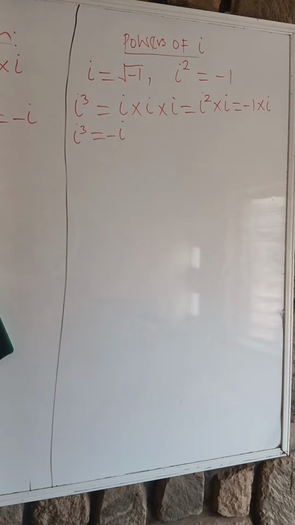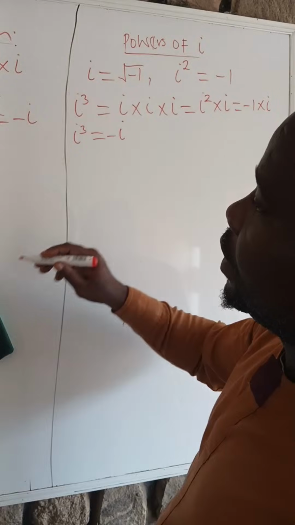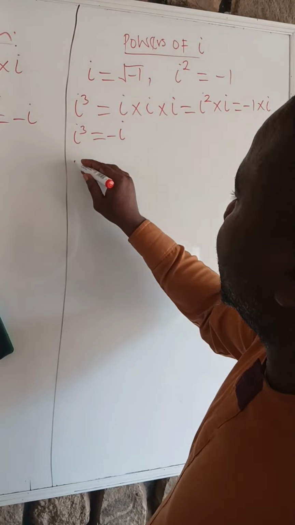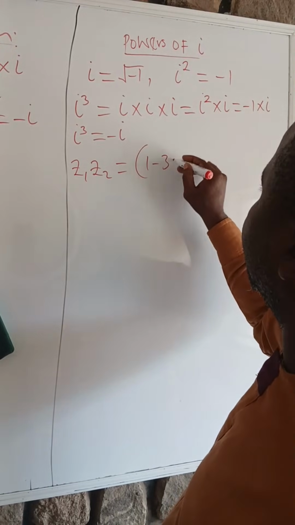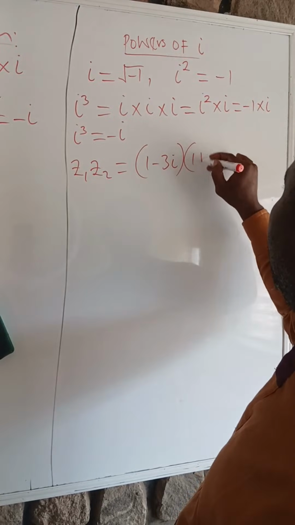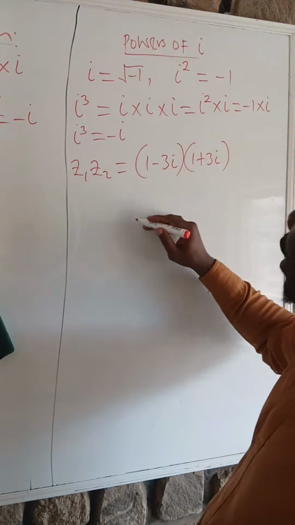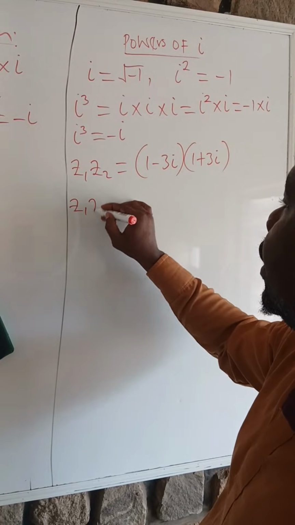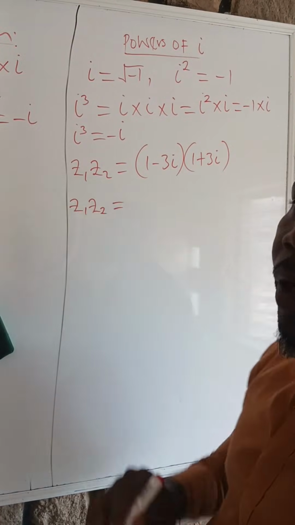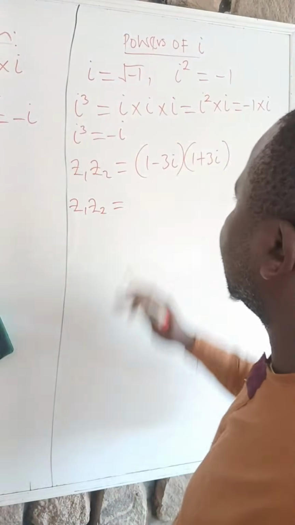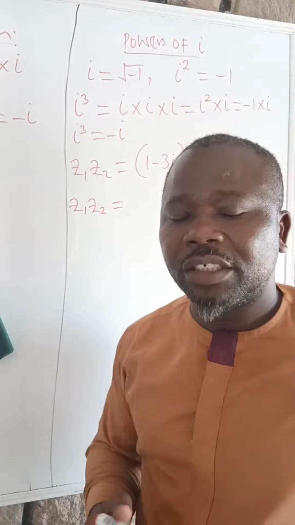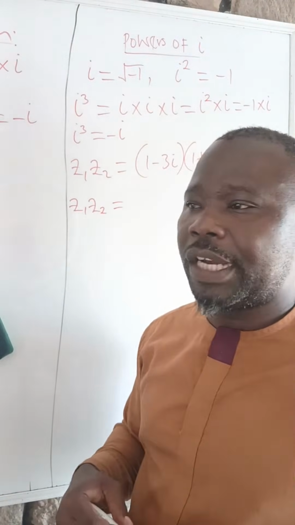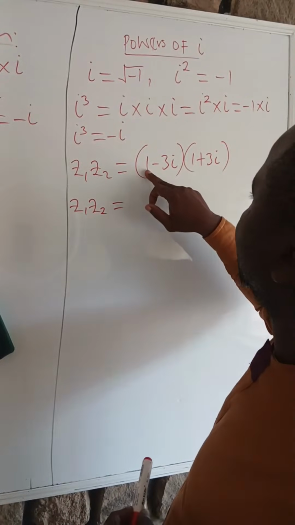So, when you have been given z1 times z2 equals 1 minus 3i times 1 plus 3i, what you need to do is, for a complex number, you and I know that this part is the real part. Then this part is what? The imaginary part. True or false? It's true, right? Okay, so we use this.